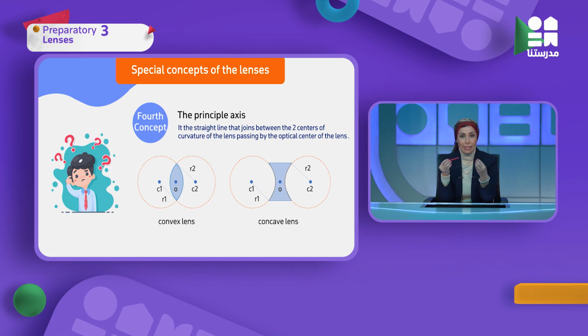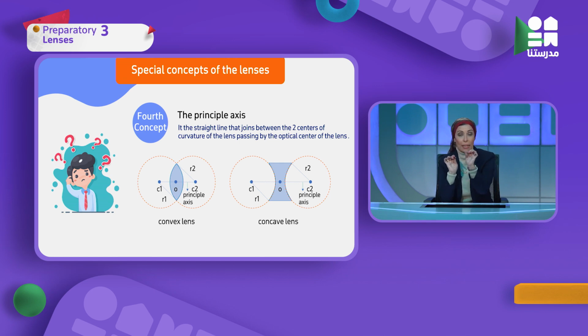So define it as a straight line that joins the two centers of curvature, and it should pass through the midpoint, the center of vision or optical center. So again, what's meant by principal axis? We explained it here on the drawing. Here is the principal axis. From the shape, it's a straight line that connects the two centers of curvature, but it should pass through the center of vision.